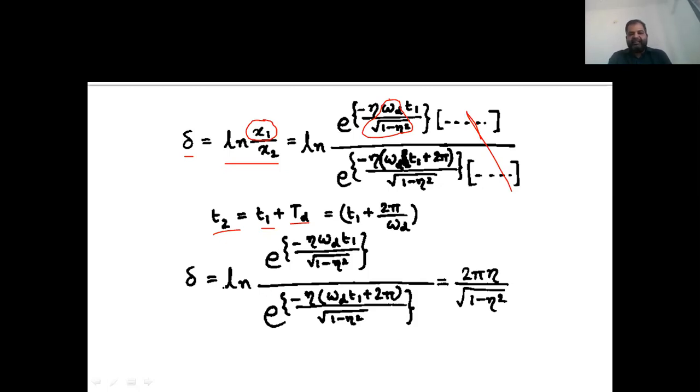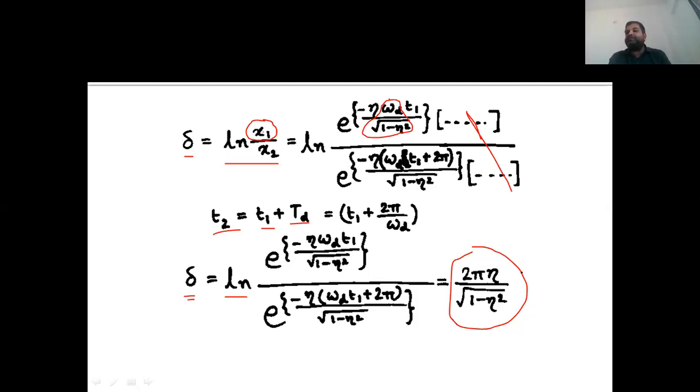And if I write this particular equation in terms of this, then delta is equal to this. If you solve, this minus this, then you will get this particular formula, which is nothing but delta is equal to 2 pi eta upon under root of 1 minus eta square. So the logarithmic decrement that you have found is not dependent now on the value of successive amplitude. It is now totally dependent.